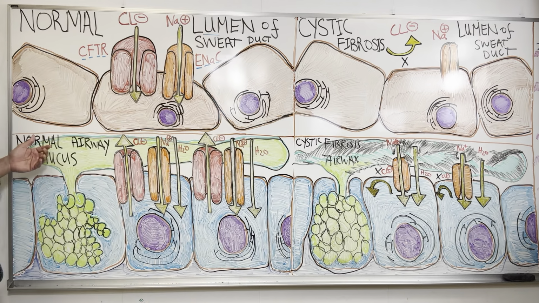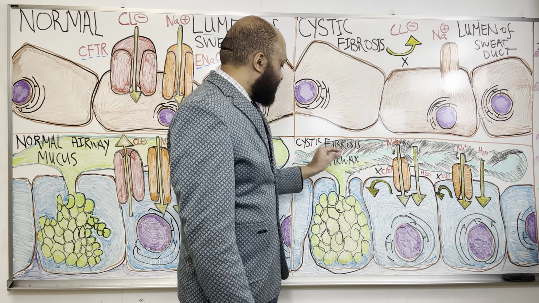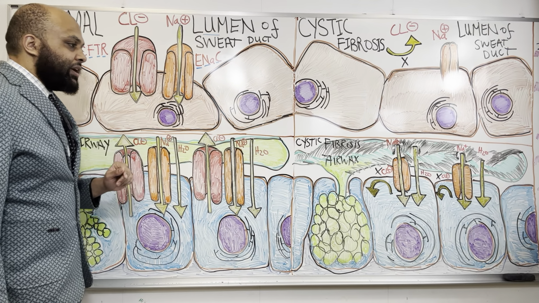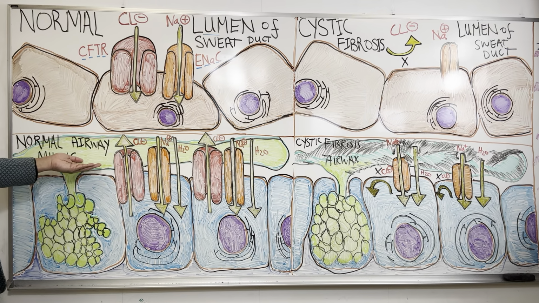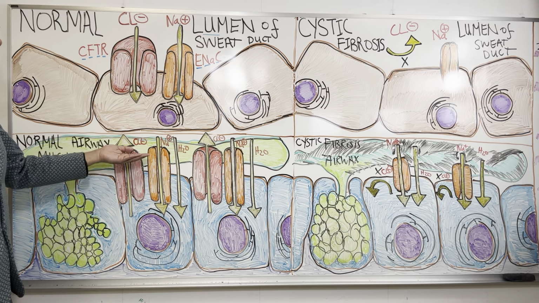So if you take a sample of the mucus from a healthy person's airway, then you take a sample from the mucus of a patient with cystic fibrosis, and you compare their content, you will see that the healthy person's mucus has a balanced amount of chloride and sodium and water.